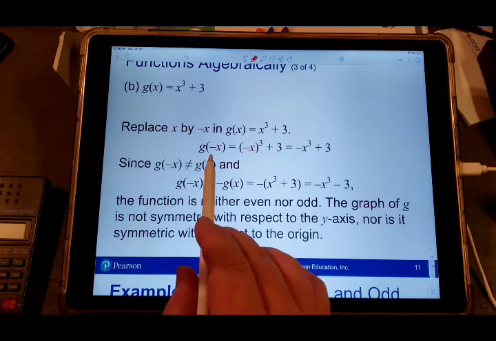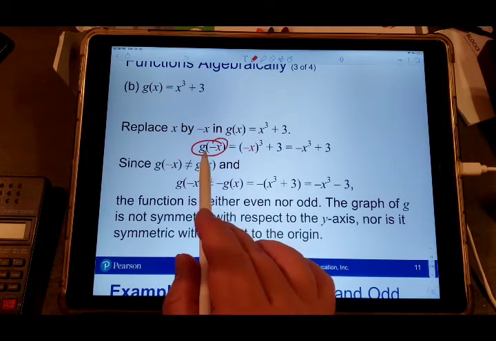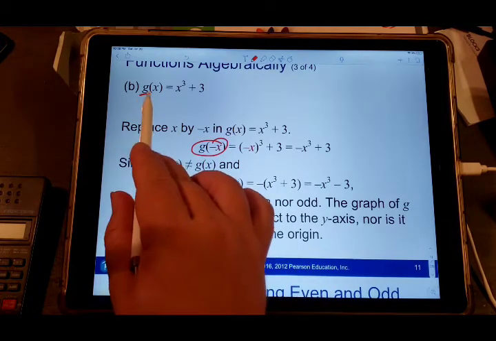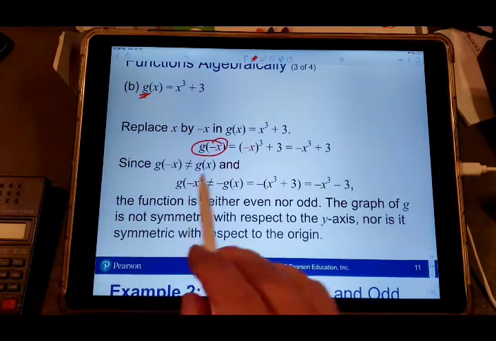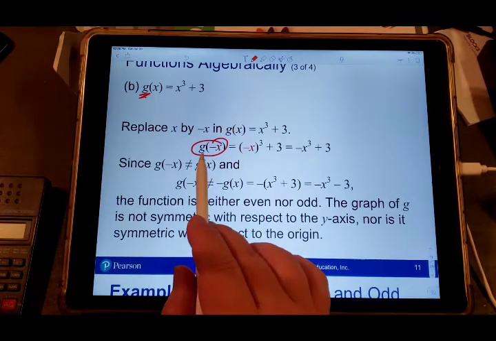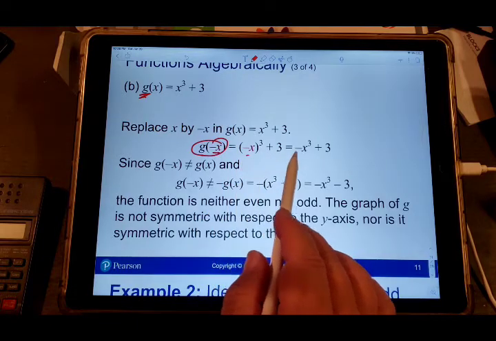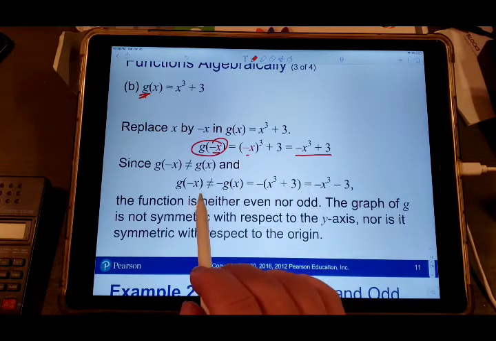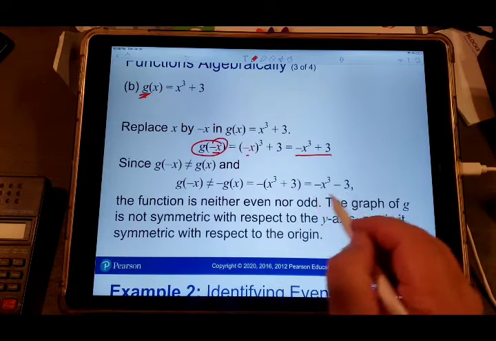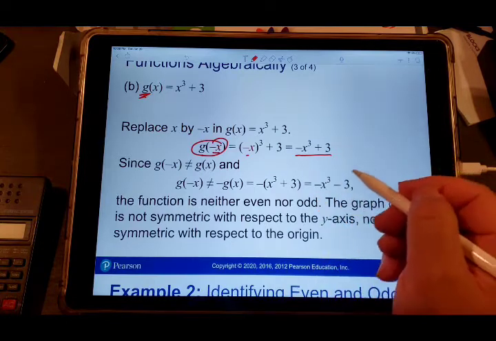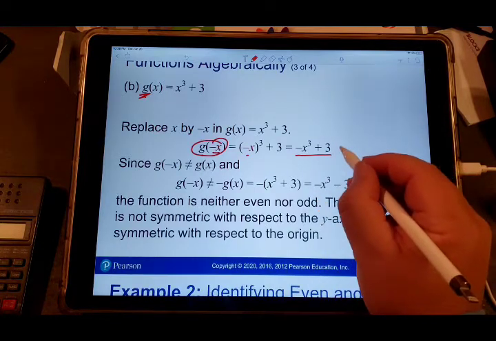In this case, same idea. I start with, well, they're calling it g because they don't want to use f twice in the same problem. So g of minus x, start with that and work with it, and you know what?